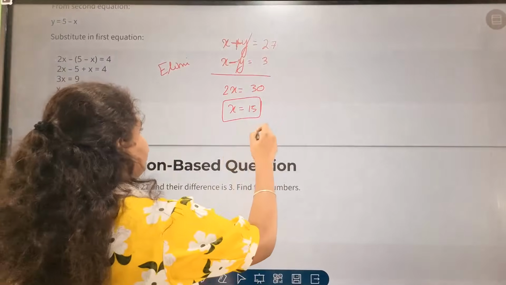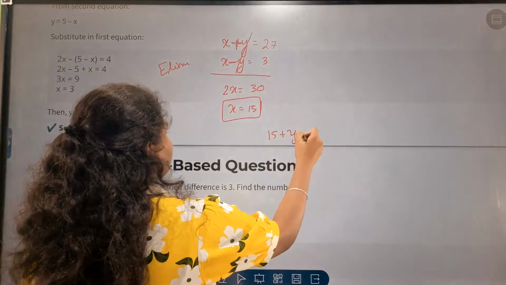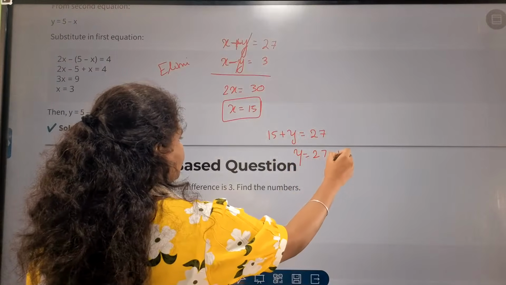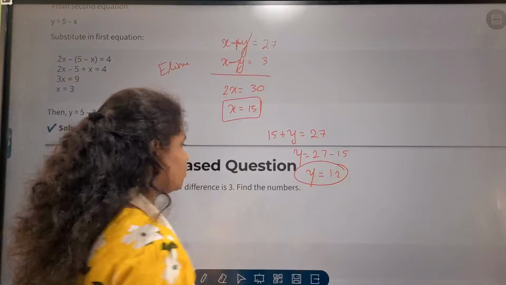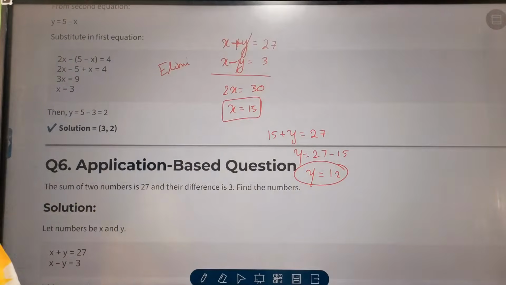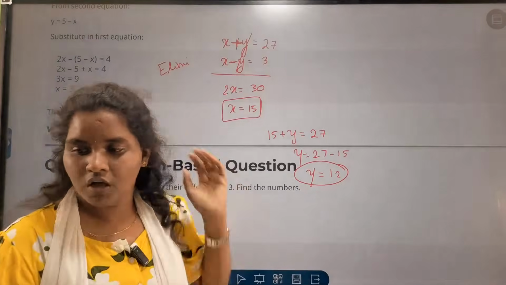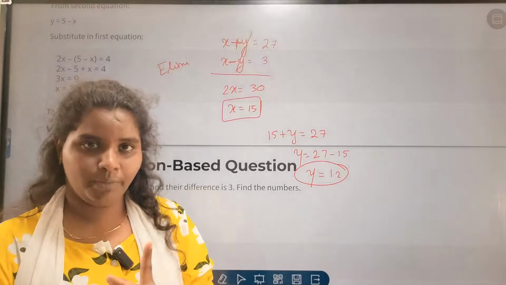So x is 15. So 15 plus y is equal to 27. y is equal to 27 minus 15. y is equal to 12. Is this right? So the x value is 15 and the y value is 12. So I tried by using the elimination method.